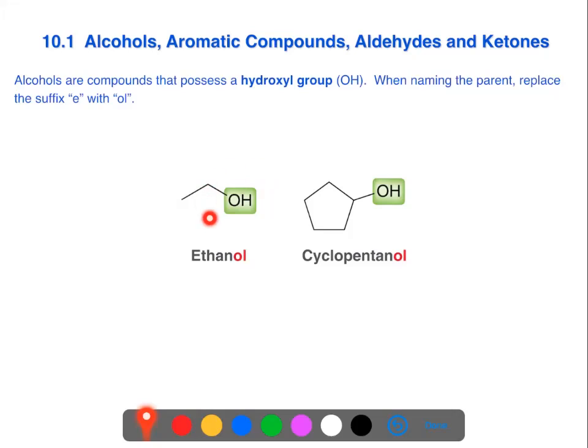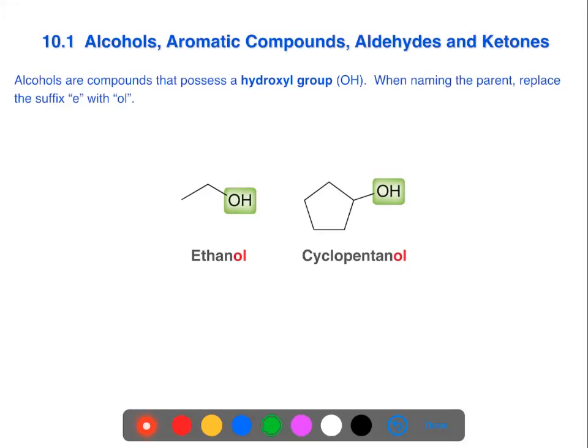One of the hydrogens is now replaced with that hydroxyl group, and so we refer to this as ethanol. Now there's no need to include a locant to indicate the placement or position of this hydroxyl group, and that's because it's redundant, and this is typical of small molecules. So it would be incorrect to refer to this as 1-ethanol, simply because we couldn't draw a 2-ethanol. And so in that respect, the locant is redundant.